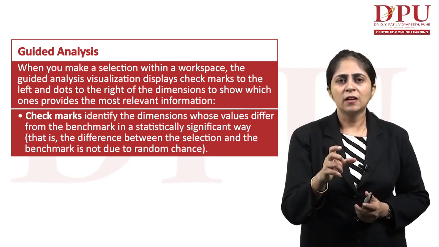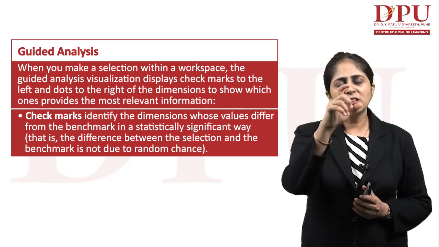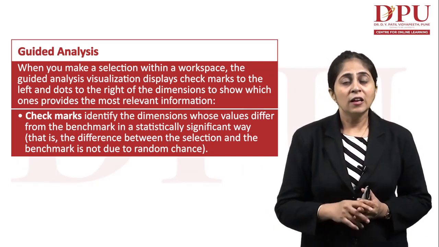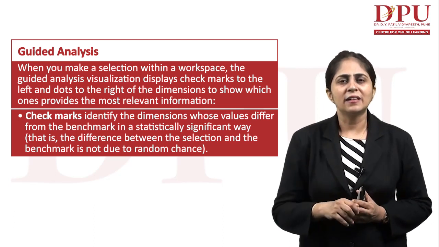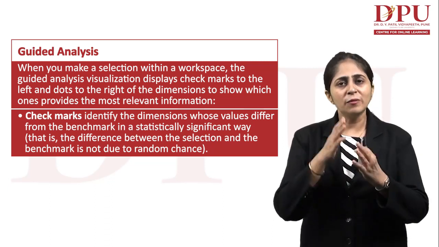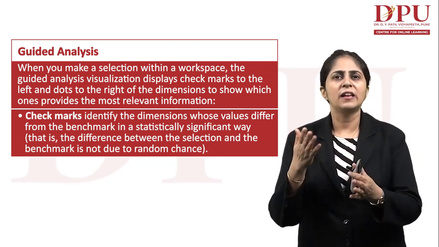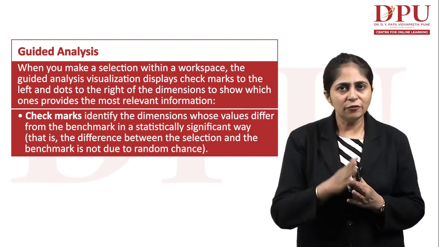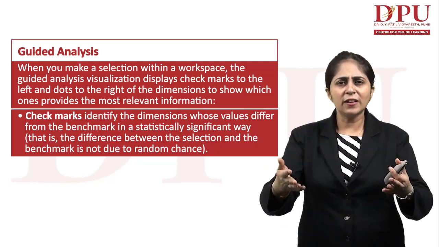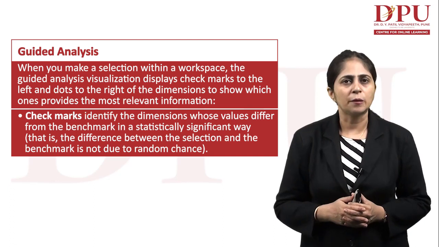Suppose we have said that the profit we want to earn from this particular location is 20%. This is the benchmark we have set. Now this check mark will indicate if the value differs. If we get to know about the check mark, we can easily identify that these dimensions are varying. So check marks identify the dimension whose value differs from the benchmark in a significant way. That is why we use this check mark.